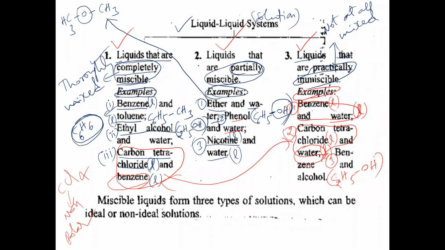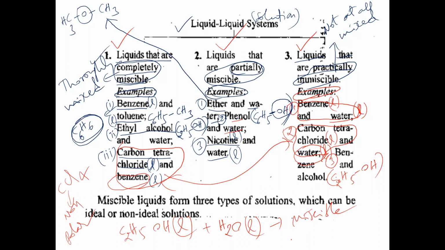But ethyl alcohol and water are miscible, thoroughly mixed. Okay. So now remember why ethyl alcohol is dissolved in water. See here, C2H5OH liquid plus water liquid. So they are miscible.